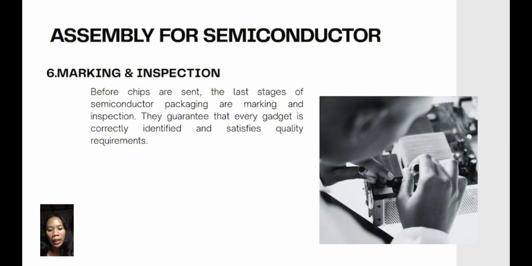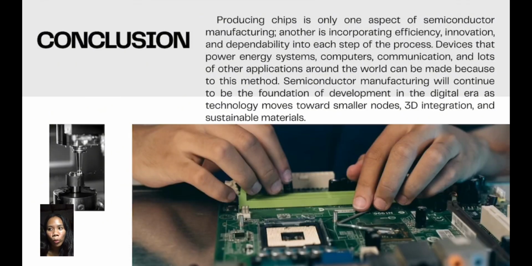Before chips are sent, the last stages of semiconductor assembly are marking and inspection. They guarantee that every gadget is correctly identified and satisfies quality requirements. So now we're done with the three key aspects of semiconductor.